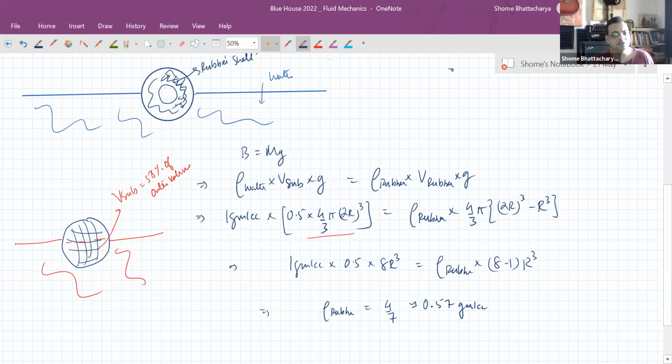Whereas how much rubber is present in that? This inner radius is R. This outer radius is 2R. This is the amount of rubber which is present. That's how much. That's this much, no?